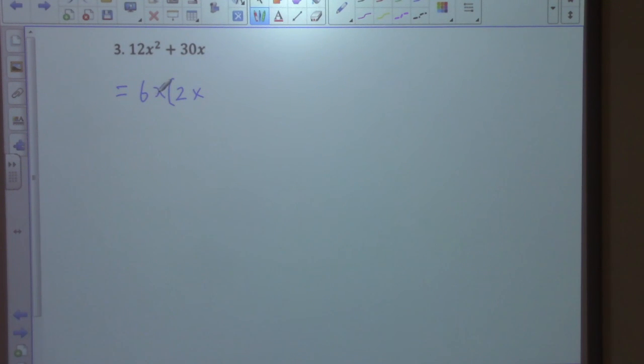And what times 6x equals 30x plus 5? So this is going to be our answer for number 3. Yeah, it's pretty easy. So it's greatest common factor, and that's as far as you can get it.